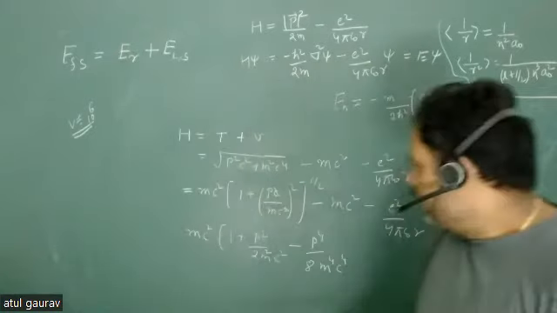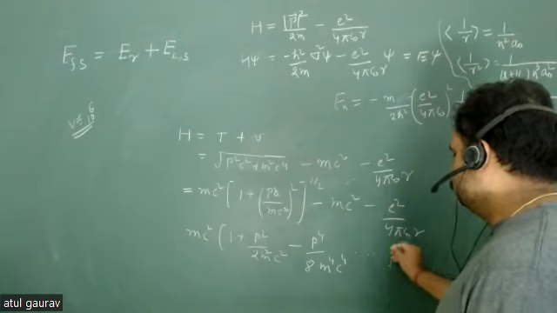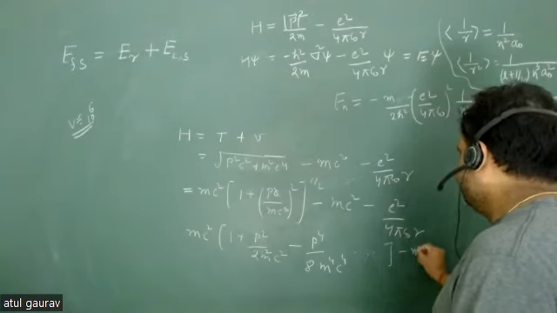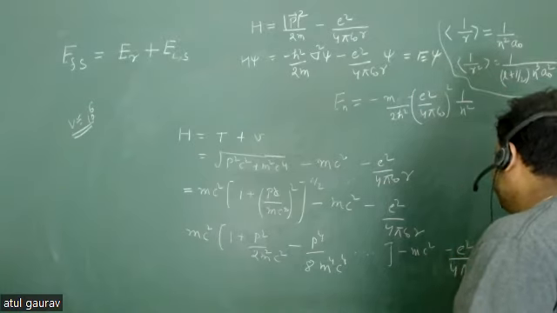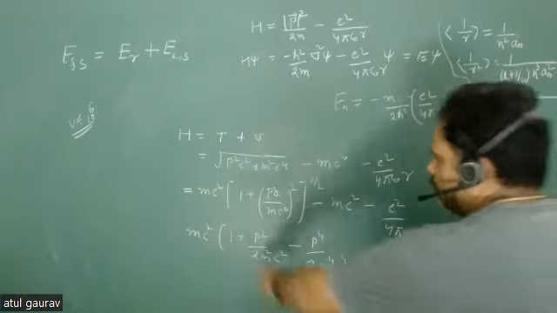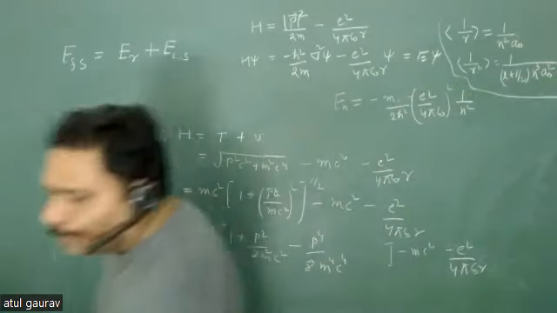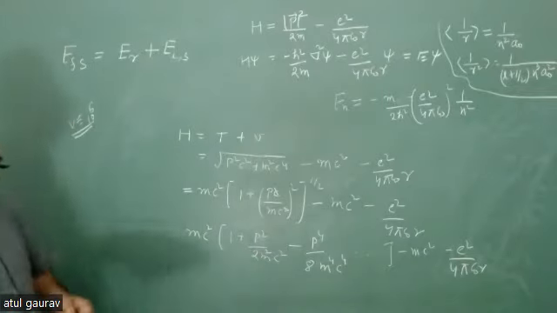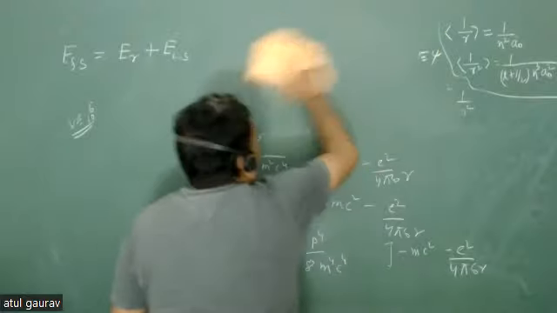Yes, sir. Yes. And what we are doing, we are just neglecting the higher order terms. Minus mc² minus e²/(4πε₀ r). So what will happen? This mc² and this mc² cancel out and your effective Hamiltonian is, so I am just changing this thing.